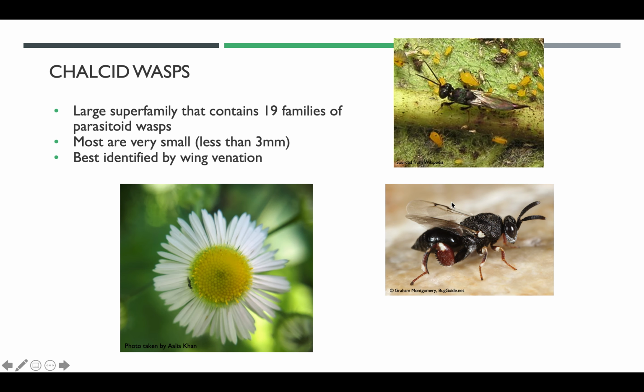And they are best identified by their wing venation. And again, when it gets to this size, they can start getting really a lot more difficult to identify. Here on the bottom left, this wasp on a flower, this is my attempt to take a picture of a Chalcid wasp through a hand lens, and even then, I just couldn't get it because it's so small.